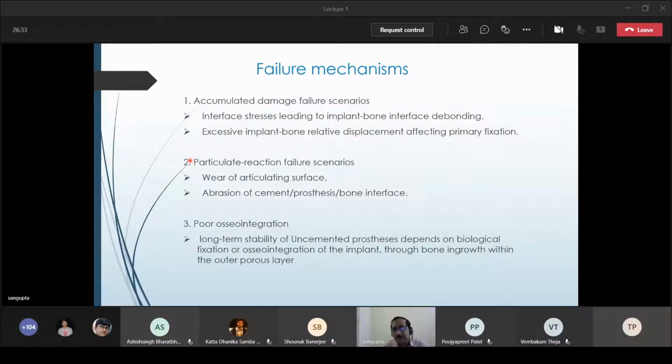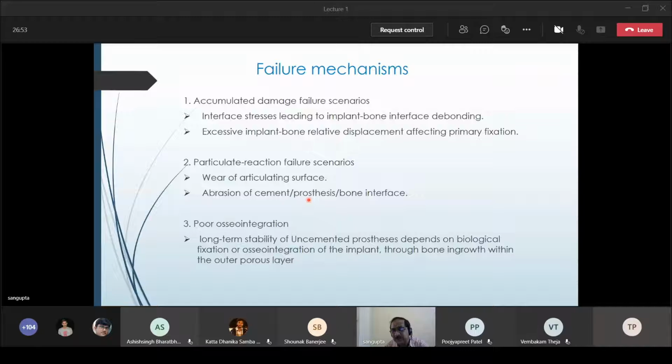The second failure mechanism is connected with wear particle debris. I have told you a little bit about the wear and abrasion of cement particles, but it is not only cement.